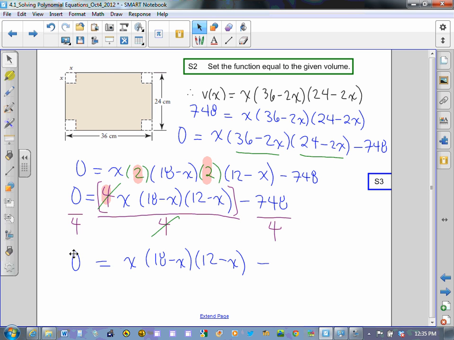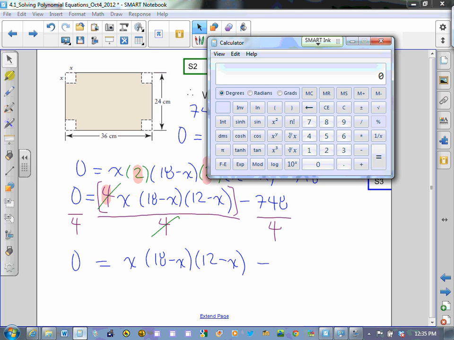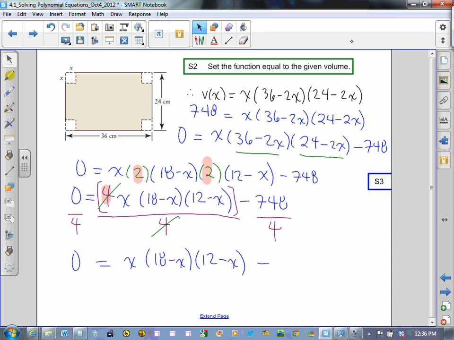Okay? So let's see what that's going to do for us. We can either do a little long division, or use our calculator if we need to. Give our minds a bit of a break and determine 187 is the quotient there. So minus 187.